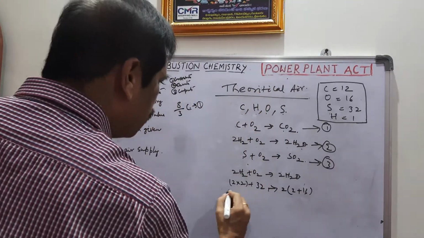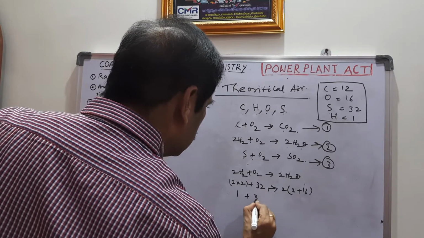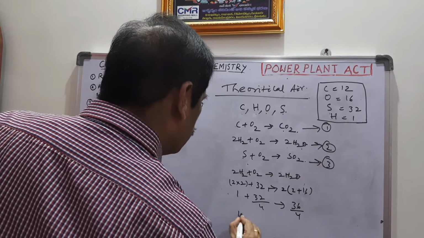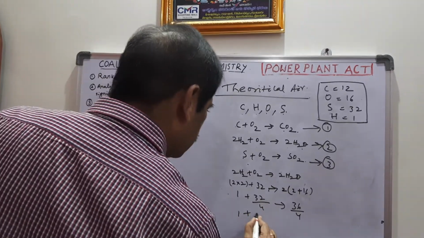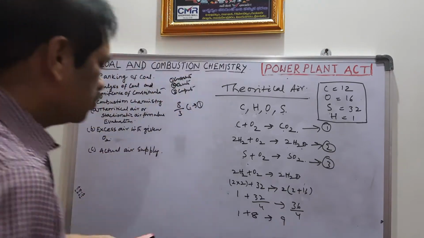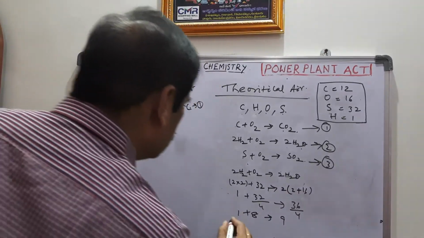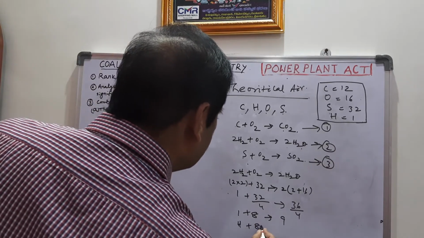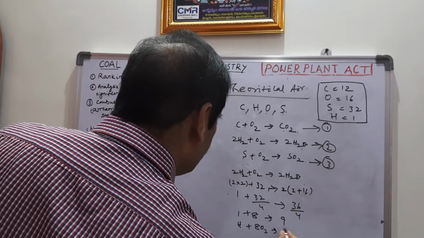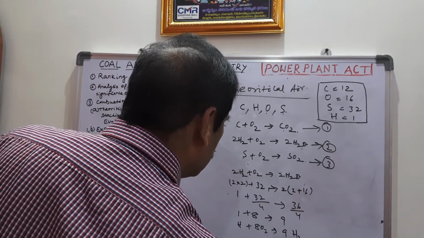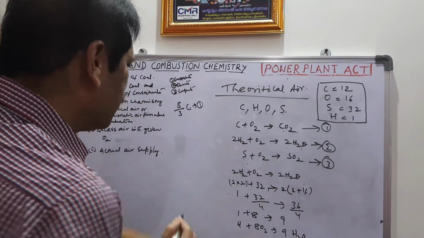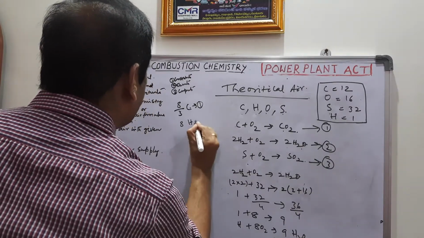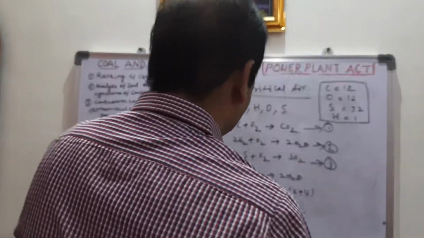By dividing by 4, this becomes 1 plus 32 by 4, which is 36 by 4, so 1 plus 8 becomes 9. So what happens? 1 kg of hydrogen when mixed with 8 kg of oxygen becomes 9 kg of H2O. Okay, so just remember it: hydrogen needs 8 kg of oxygen.